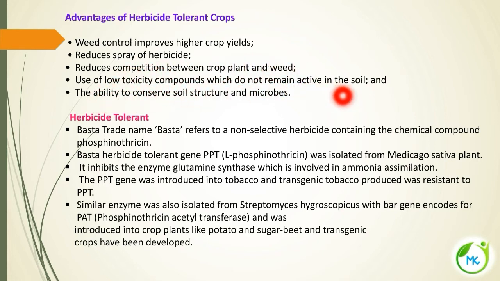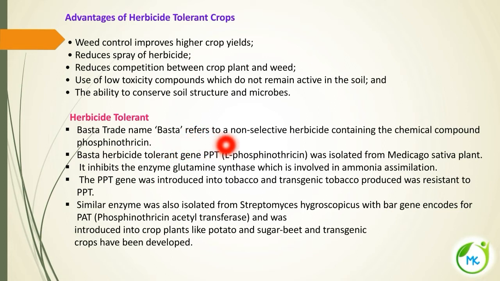We can use low toxicity compounds which do not remain active in the soil. Whenever we are not using chemical substances, it reduces the toxic compound level. We also have the ability to conserve soil structure and microbes, including the indigenous microorganisms of the soil.